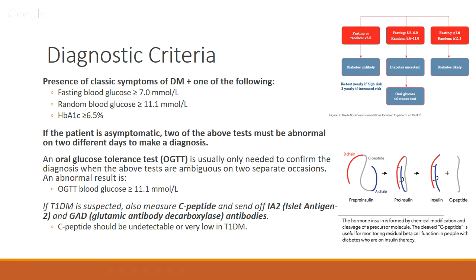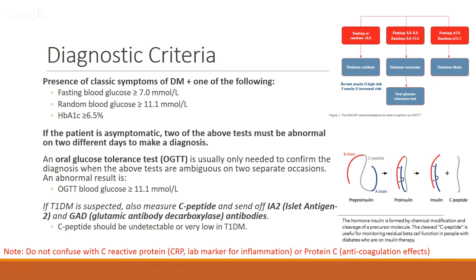So you can measure C-peptide levels in the body to check how much insulin the body itself is making versus how much insulin you are giving the patient. This is because when we give insulin to patients, we don't give C-peptide, because it's useless, and also it allows us to do this test. So do not confuse C-reactive protein with these other things. Do not confuse C-peptide with these other things.